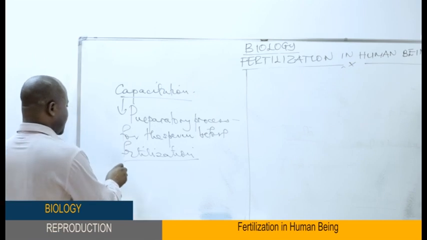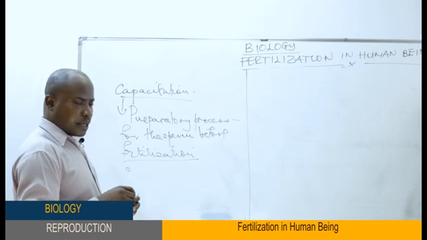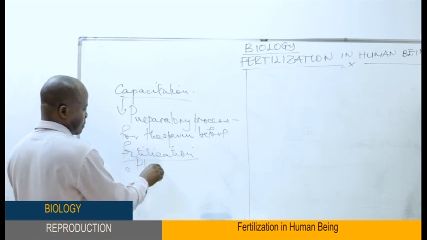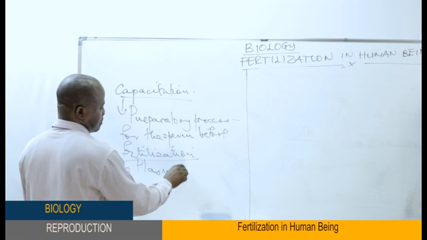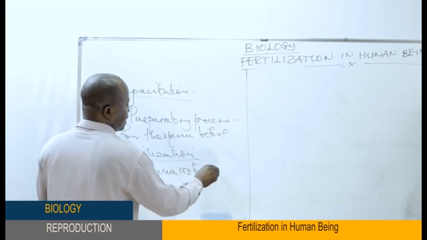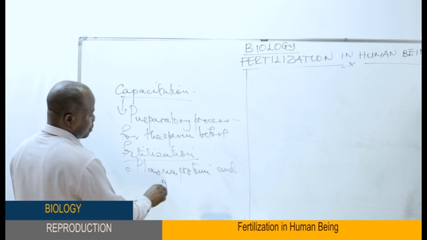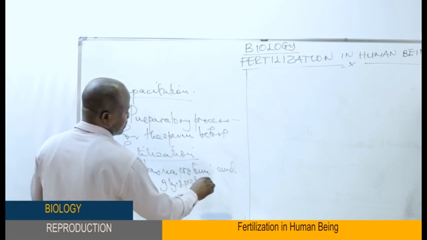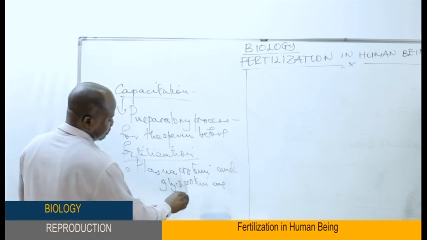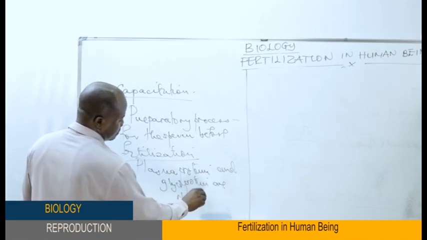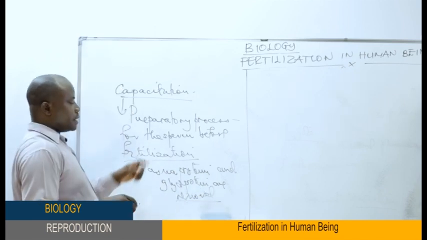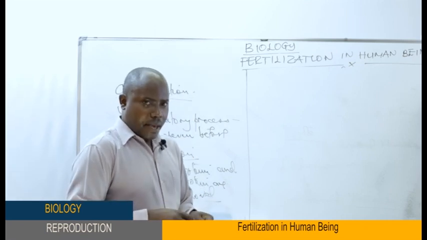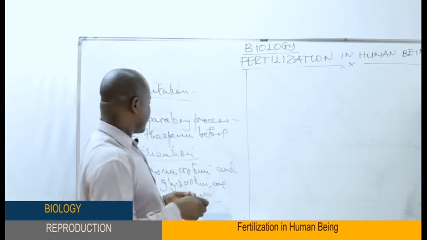The importance of capacitation is that, first, the plasma protein and glycoprotein are removed. This layer must be removed from the male reproductive cell.